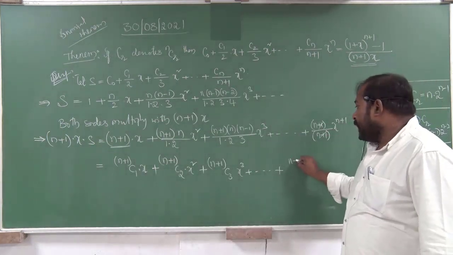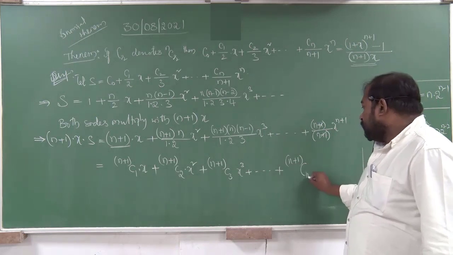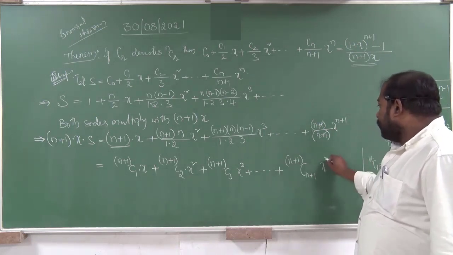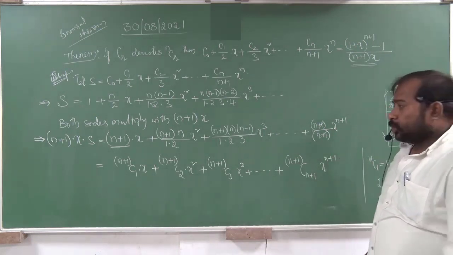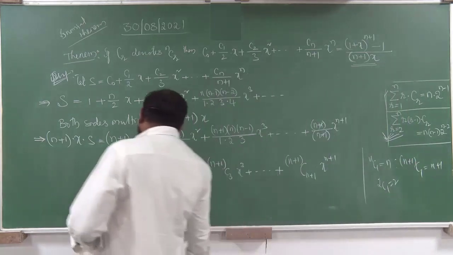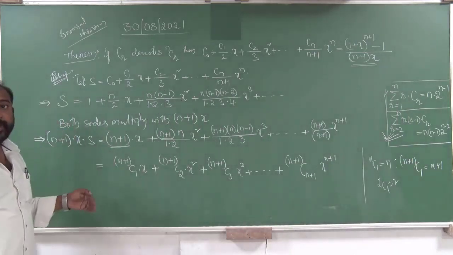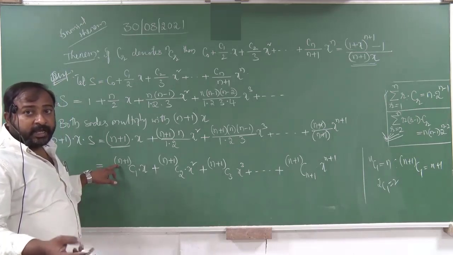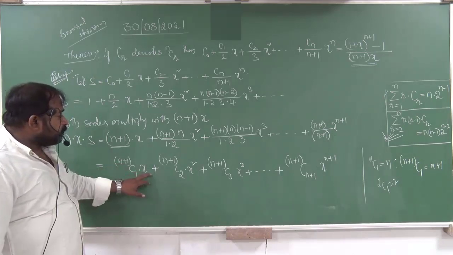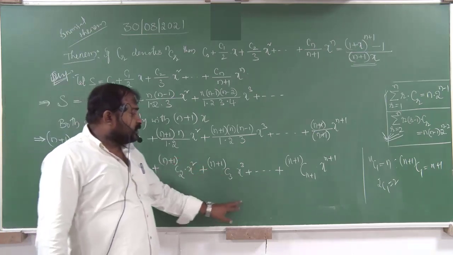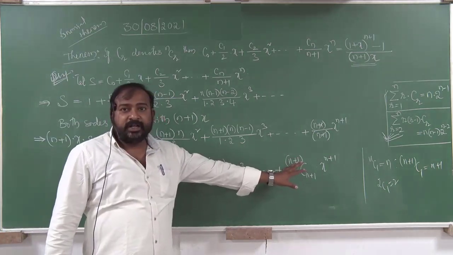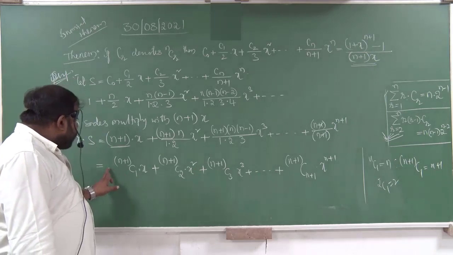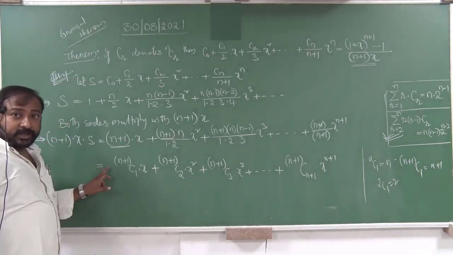That value I can write as (n plus 1)C(n plus 1) into x power n plus 1. So this is in the form, if you assume this n plus 1 as n value, C1x plus C2x square plus C3x cube plus so on. What is the missing term? C0 is missing here.